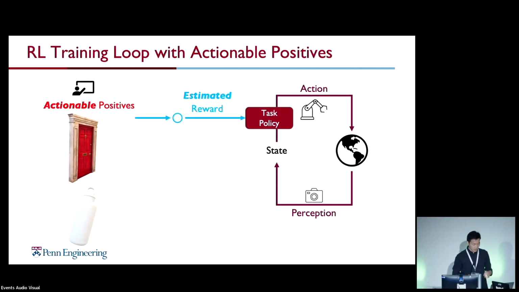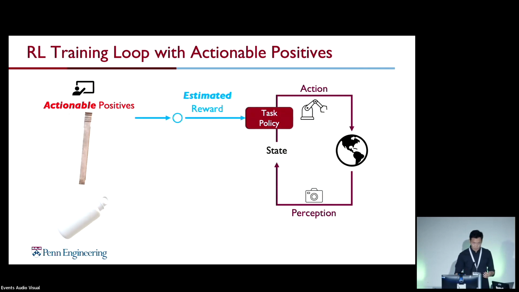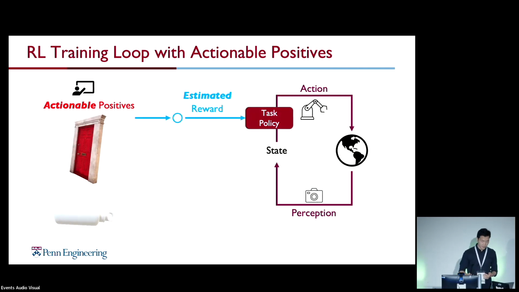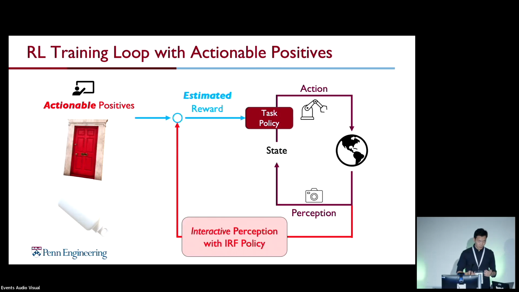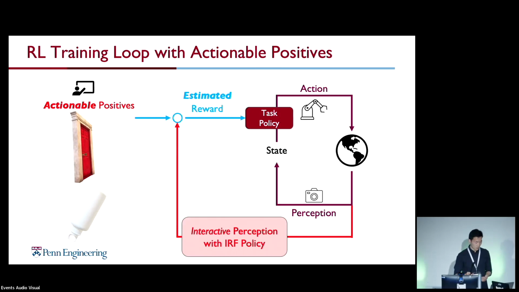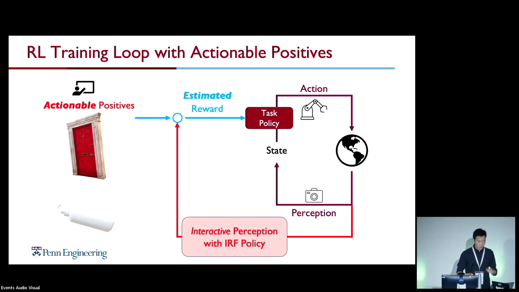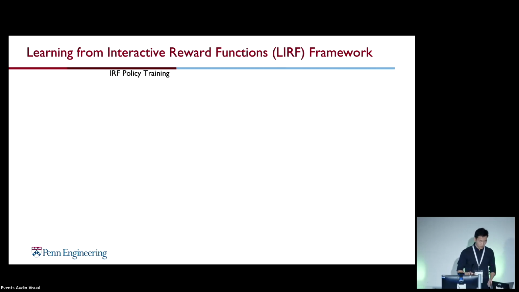So now, instead of providing image examples of the success state, we provide actionable examples of success and train an interactive reward function policy, in short, IRF policy, to perceive the task reward. In other words, this is the policy that's going to learn to push the door or flip the water bottle to check for task completion. So how do you train the IRF policy?